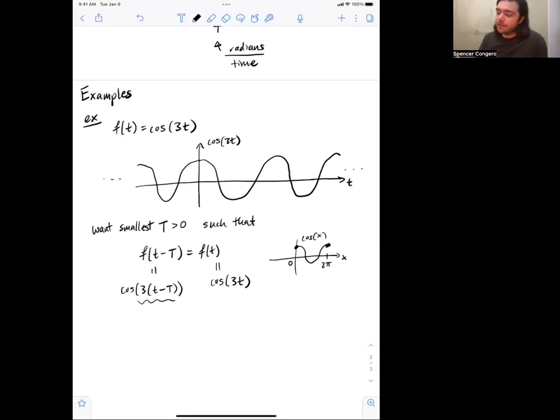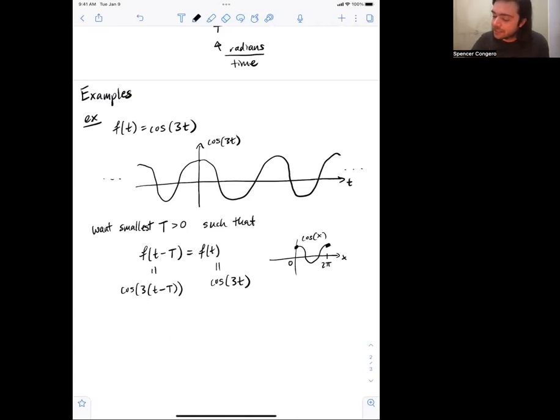So if I have cosine of some argument and it's equal to cosine of some other argument, that means those two arguments must be only off from each other by some integer multiple of 2 pi, if it's true for any t value. In other words, I'm just using the fact that cosine is periodic with period 2 pi, which we know.